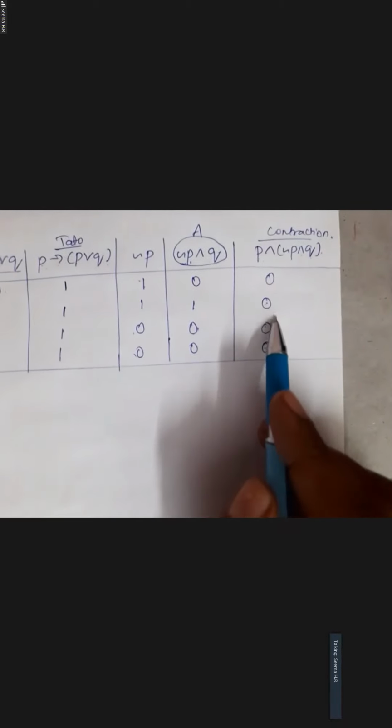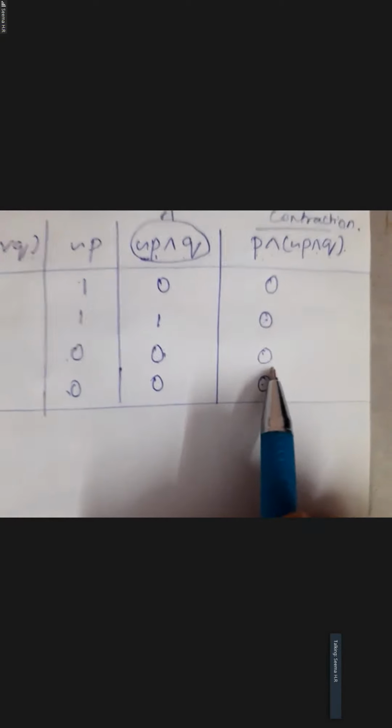Did you understand that? See here, this is 0. Just observe this entire column. This entire column is false for all the possible combinations of P and Q. Whatever the combination is, the answer is false.